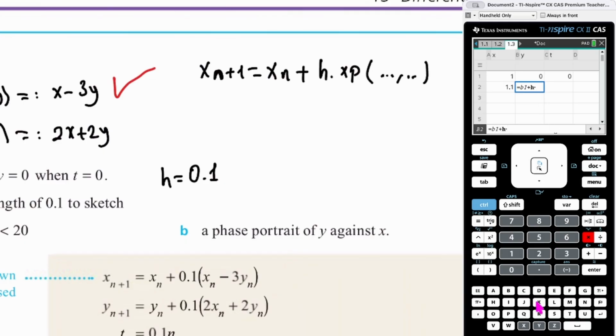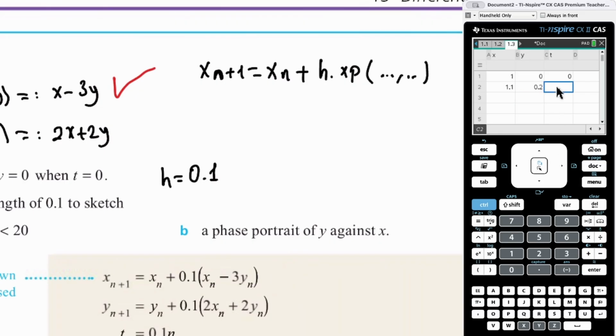Our function is y prime this time. Yp, brackets x and y value, right? A1 B1, comma, B1, right? Enter. This is our value.